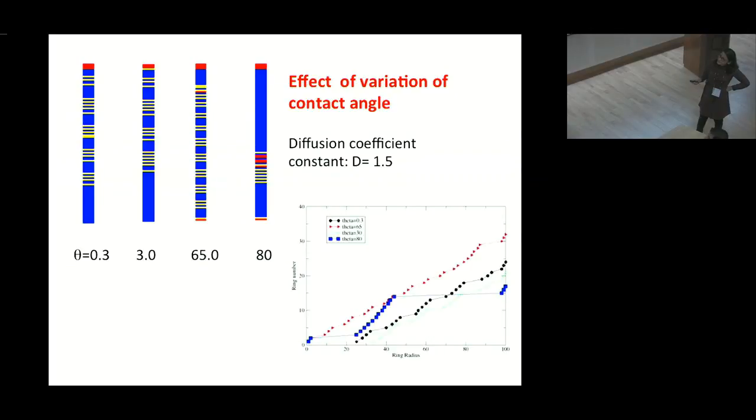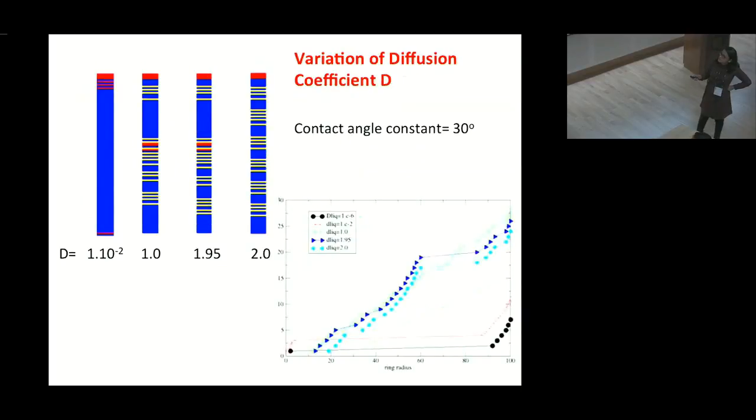The Na2SO4 situation seems to be closest represented by lower angles of contact, and we do get that kind of a staircase pattern here. The next study was done with varied diffusion coefficients and constant angle of contact. Here we see that higher diffusion values give this.